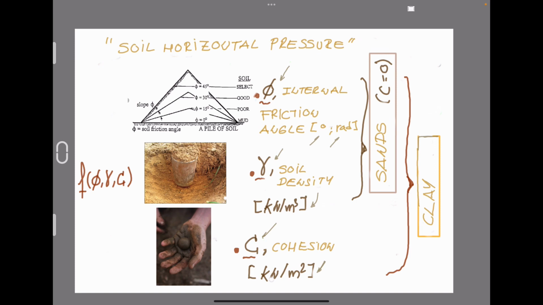Of course, there are others, intermediate soil materials, but mainly we are going to deal with sand and clay. In terms of lateral pressure, sand can be defined only with the internal friction angle and gamma for soil density, and cohesion is always zero. In the opposite way, clay, of course, has friction angle and density, but cohesion can range from very low values up to higher values.